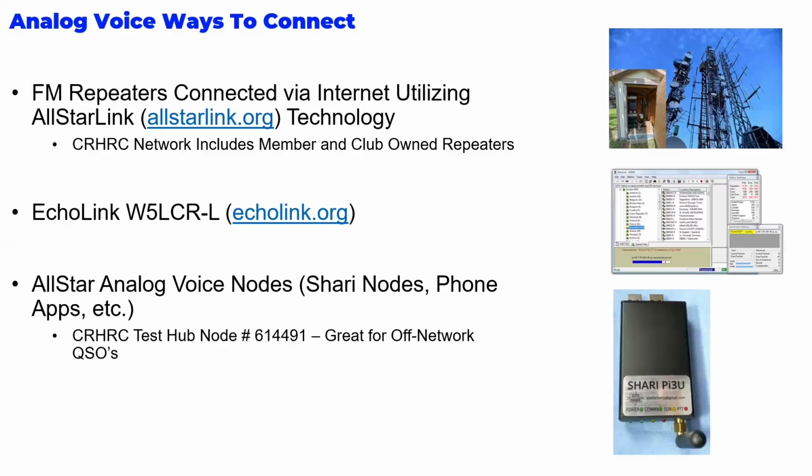We have our nodes connected via a VPN, so that it builds a tunnel back to the server, and we can access those nodes without having to open any ports on the router to keep things secure on the client end where we have these repeaters located. So they basically make an outbound call to the server, and then the server is able to talk two ways through the VPN network.